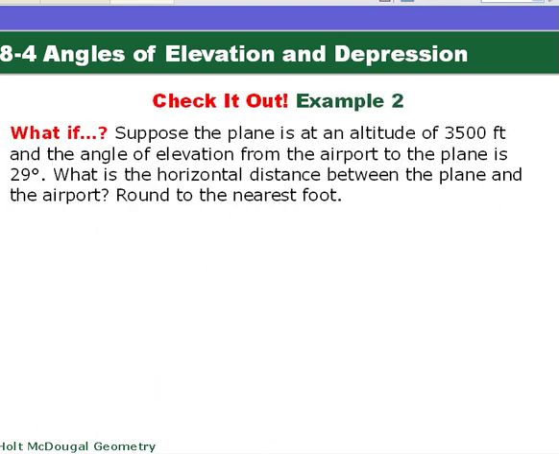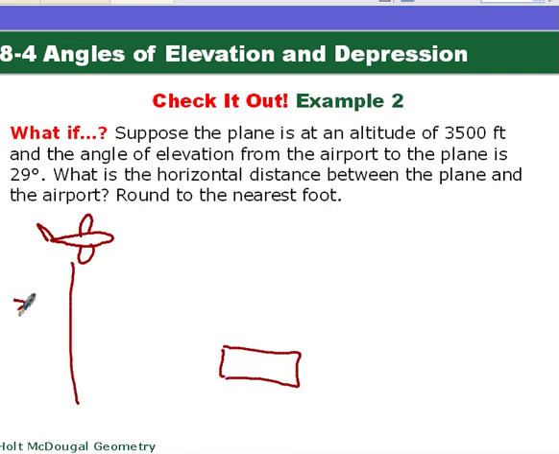All right, for you to do: suppose the plane is at an altitude of 3,500 feet. That's your airplane. The angle of elevation from the airport to the plane is 29 degrees. What is the horizontal distance?